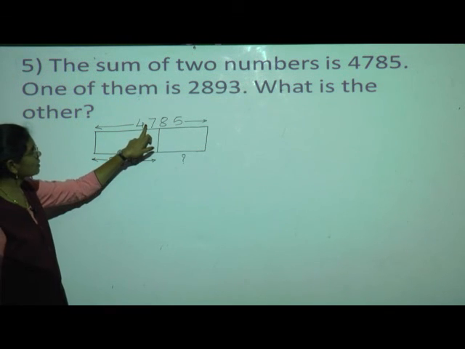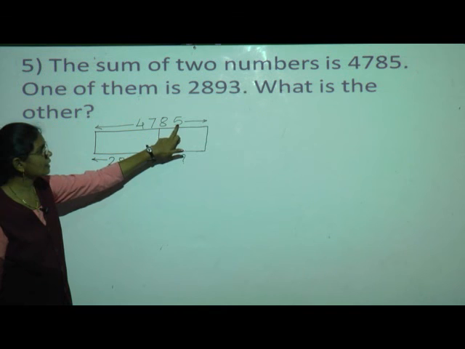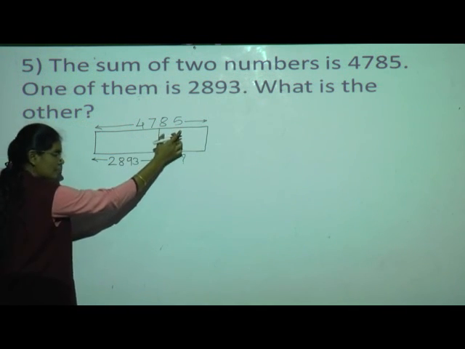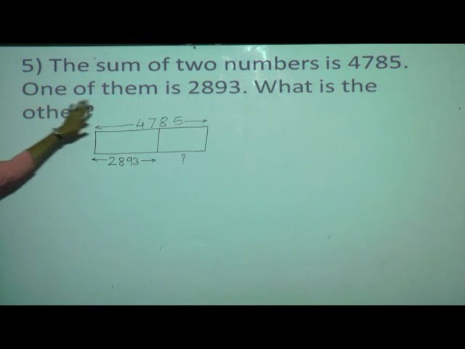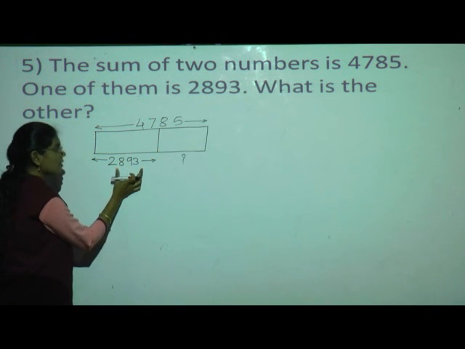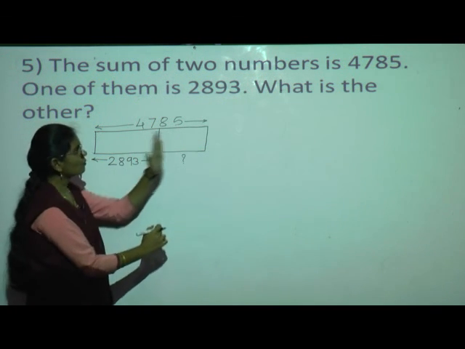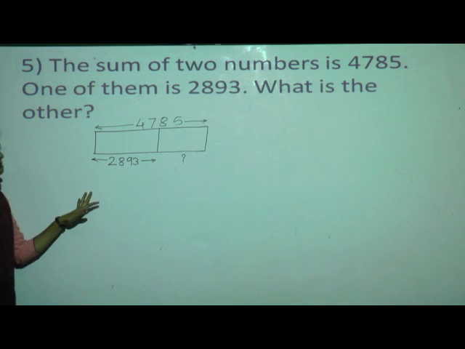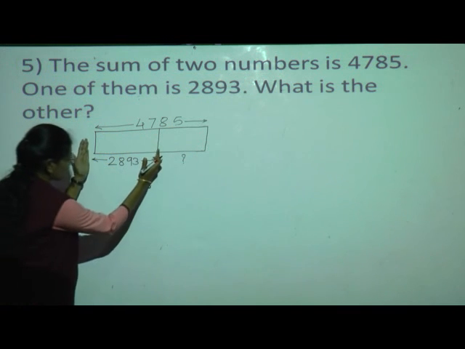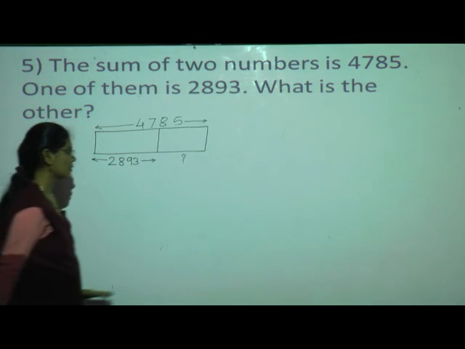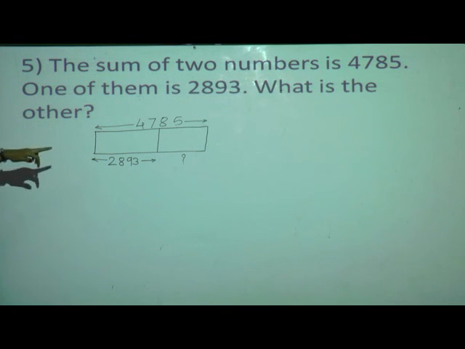The sum of two numbers is 4785. See, this full is the 4785. Okay, and one number, means this part is 2893. And what we have to calculate? This other part we have to calculate. For that, if we subtract this part from this full, then we will get this part.